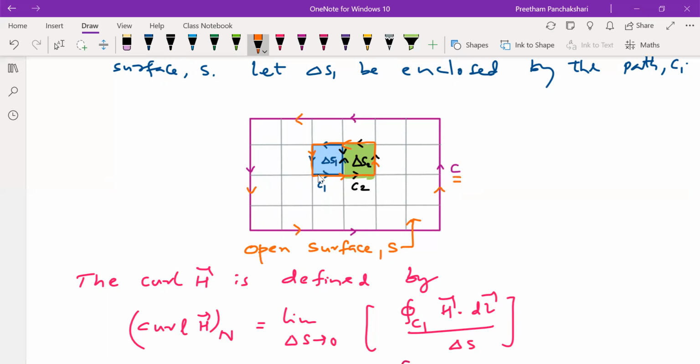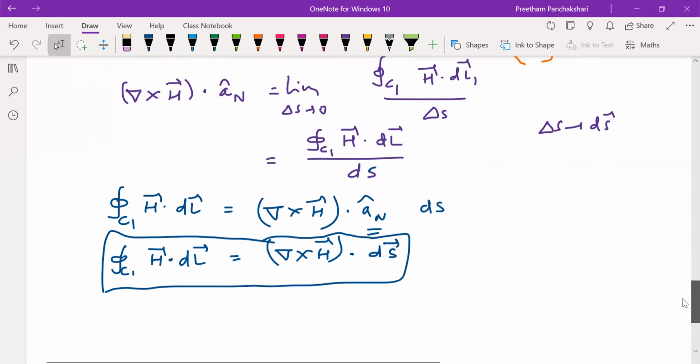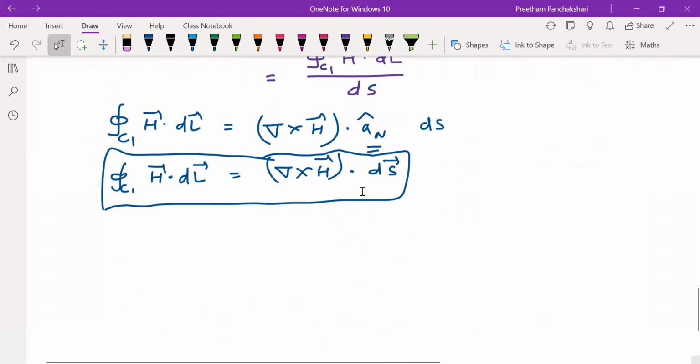That's why C. After adding all curls, the right-hand side is only for one dS we calculated. So after integration, addition is performed through integration. If we integrate on the right side to add all the curls over the surface S, then the left-hand side, the integral of H over the boundary called C, will equate to the right side.